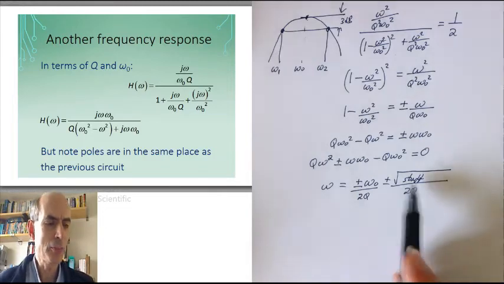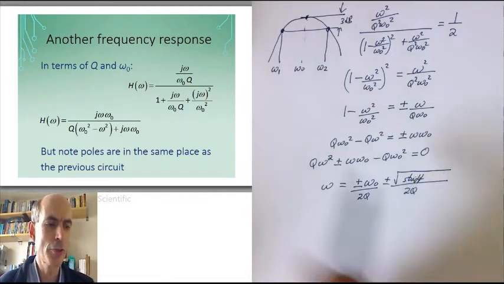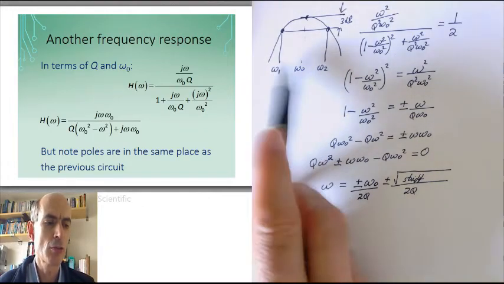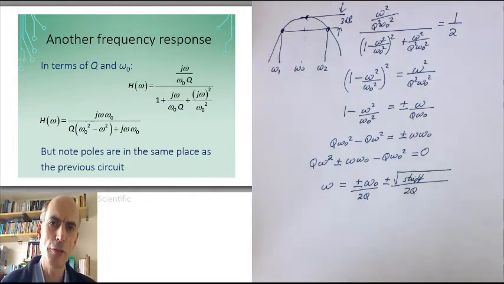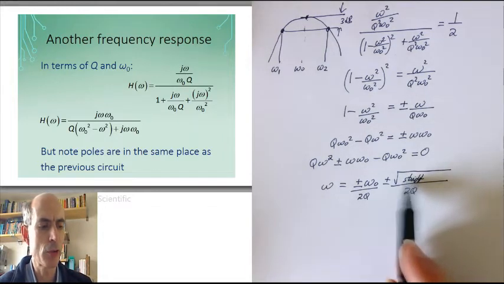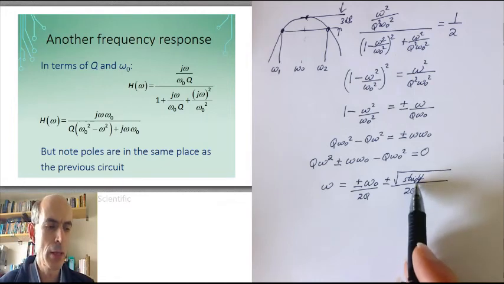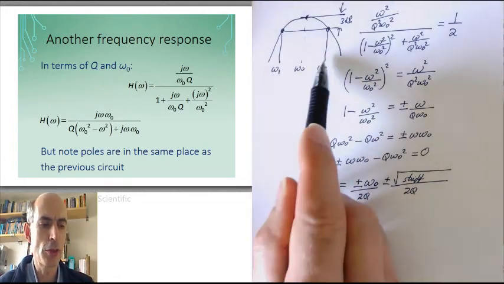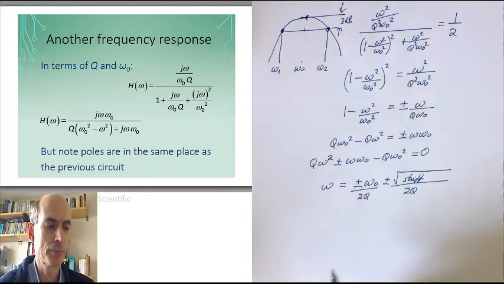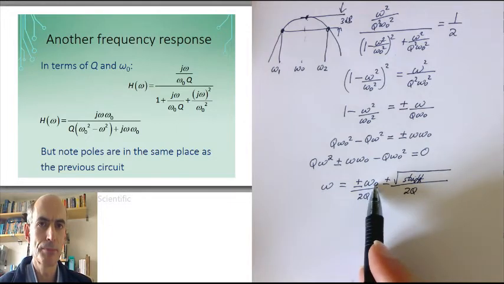The reason this doesn't matter is because what I'm interested in is the difference between these two frequencies rather than the two frequencies themselves. And whereas I don't really mind what the exact value of this stuff is, as long as I know one thing about it, I can work out what the difference between these two frequencies is. And the important thing to know about this stuff is that it's bigger than omega naught.